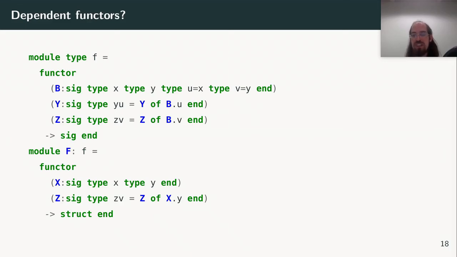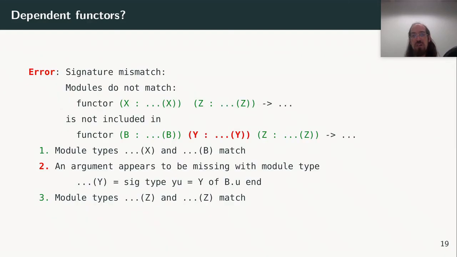In fact, it's easier to look at the error message to identify what error I made in the functor definition. Because the error that I made was simply that I forgot to define the module Y, and this means that I have a module error message which is simpler to read than the original code, which is quite something in fact for dependent functors.